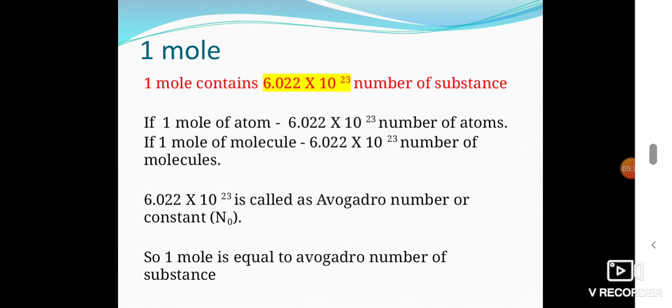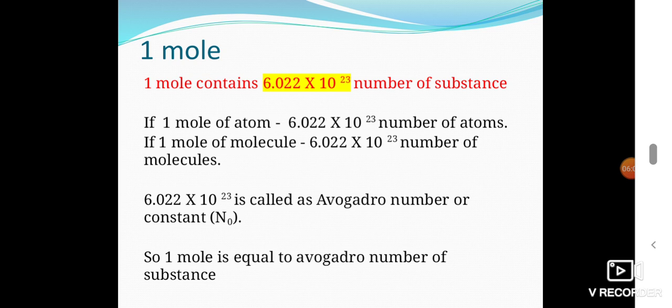So this value, 6.022 into 10 power 23, is known as the Avogadro number or Avogadro constant. The word Avogadro is a scientist's name. By honoring that scientist, we give the name to this value.